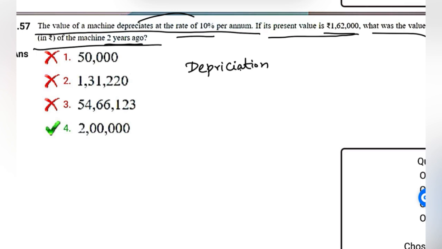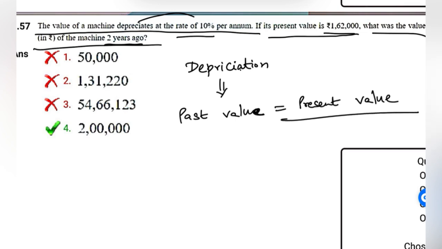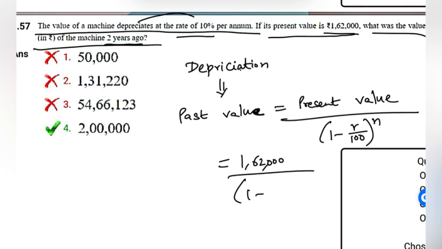Here, the depreciation formula is past value is equal to present value divided by 1 minus r by 100 whole power n. Past value we have to find and present value is 1,62,000 divided by, here rate is 10% divided by 100 whole power 2.